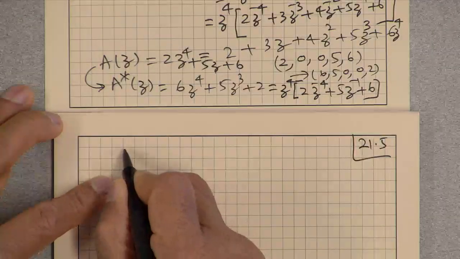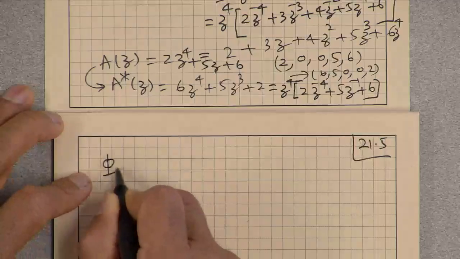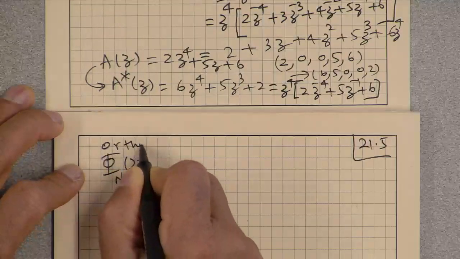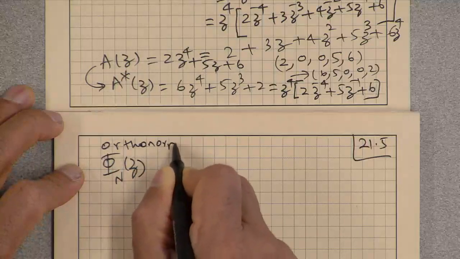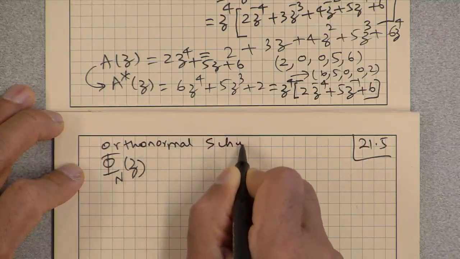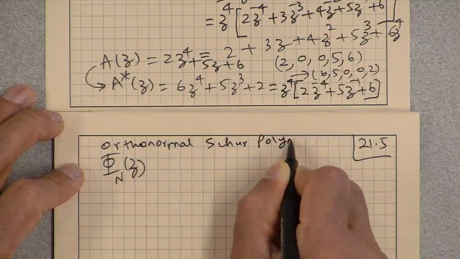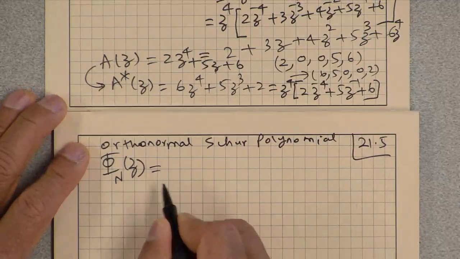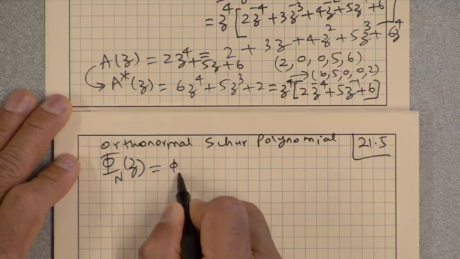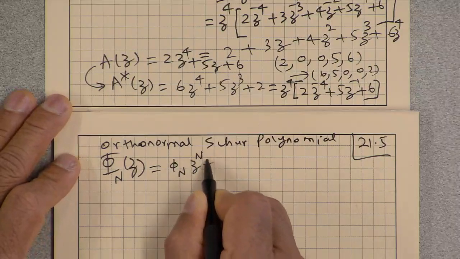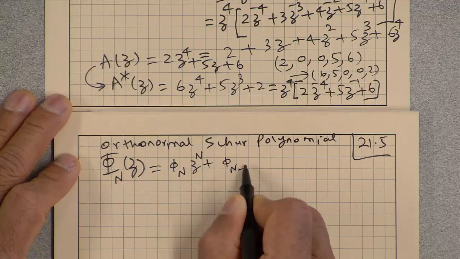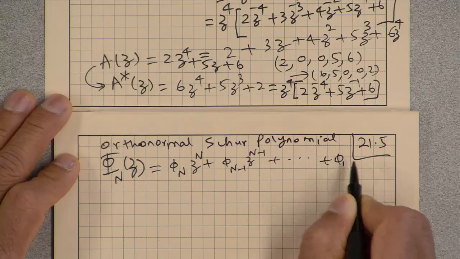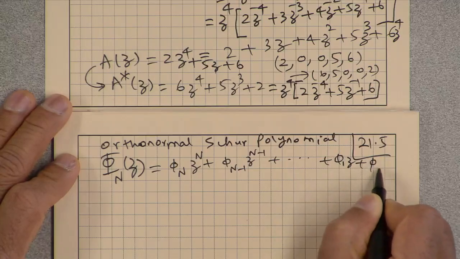So if I start with the Schur polynomial Pn(z), this is the orthonormal polynomial, and let's say that this one is some constant phi n times z to power n plus phi n minus 1 z to power n minus 1 plus phi 1 z plus phi 0.